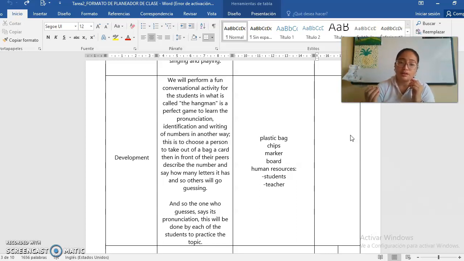The one who guesses says its pronunciation. This will be done by each of the students to practice the topic. Resources: paper, sheet, marker, board, human resource, students and teacher.